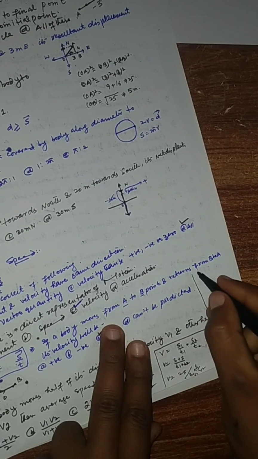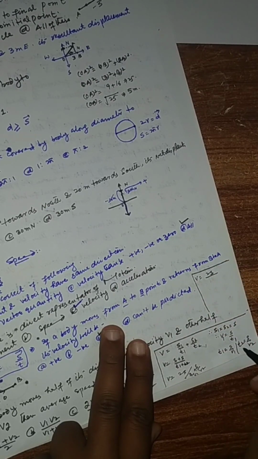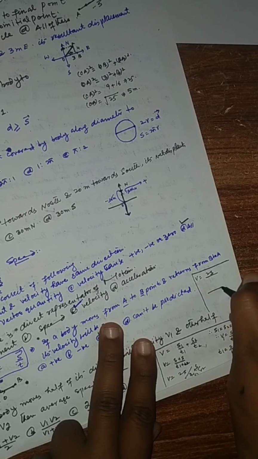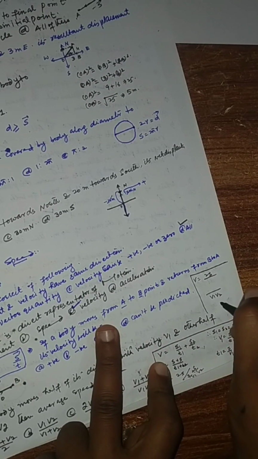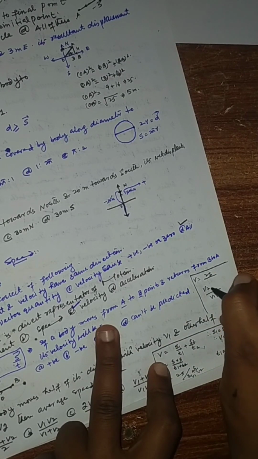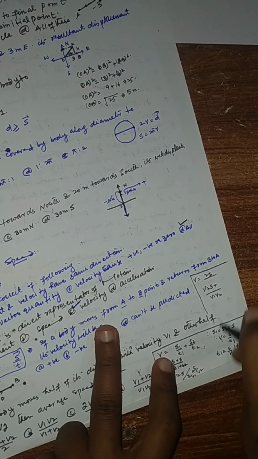So the LCM will be v1 v2. v1 v2 divided by v1 cancels, remaining v2 multiplied by s, v2 s. Plus, for s over v2, v1 v2 divided by v2, v1 remains, multiplied by s, we get v1 into s.